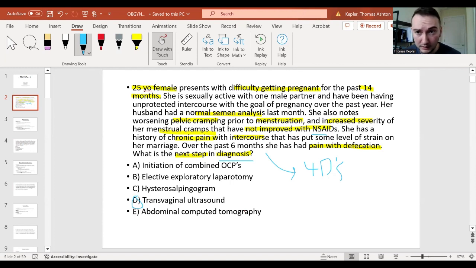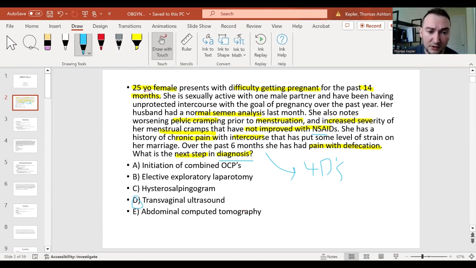Are you looking for anything? Likely, you're not going to see anything. If you see something, the only thing you're going to see is an endometrioma, or chocolate cyst. If you see that, you can diagnose endometriosis. Otherwise, we're not going to see anything on the transvaginal ultrasound.